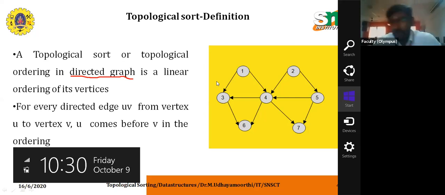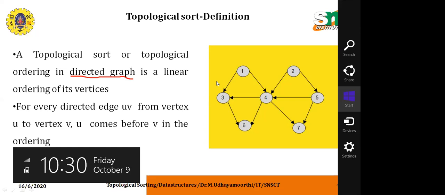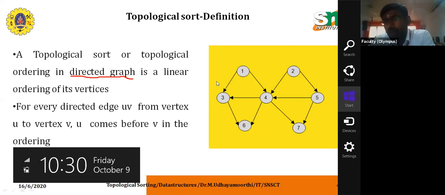Now all of you consider node 4. What is the in degree of node 4? 3, sir. Because it has incoming edges from 2, 5 and 1.